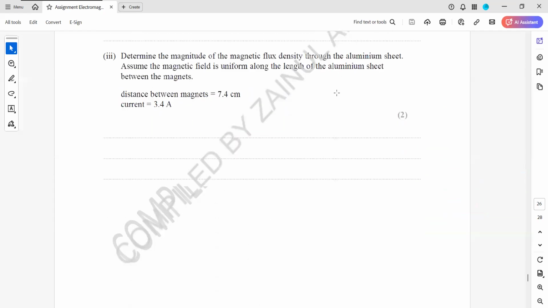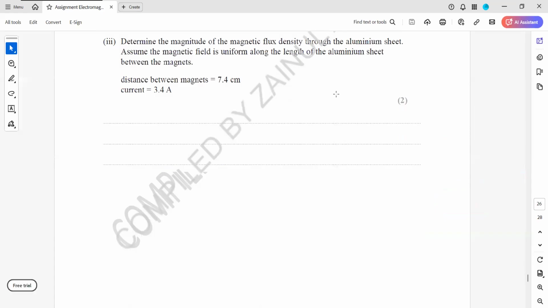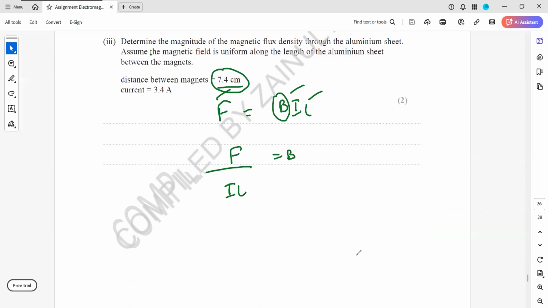The next is to determine the magnitude of the magnetic flux density through the aluminium sheet. If we need the magnetic flux density, we need the force F equals BIL. The magnetic field and the wire are at 90 degrees, so F equals BIL. The distance between the magnets is given as 7.4, so the length is given to us. Current is there, force is there, so we can find B. F over IL will be equal to B. How much force was there?